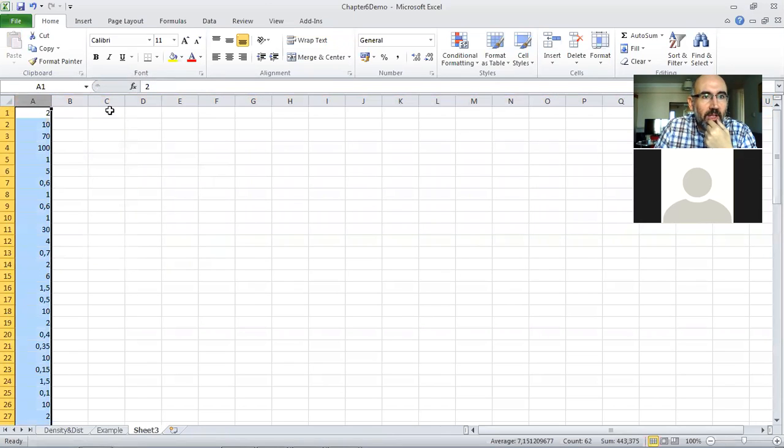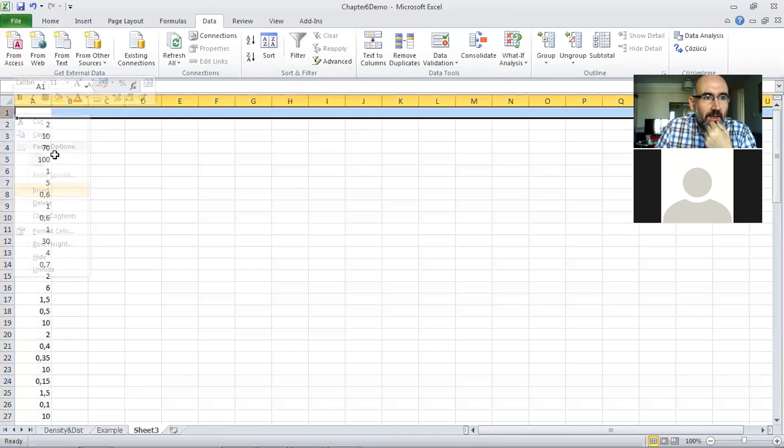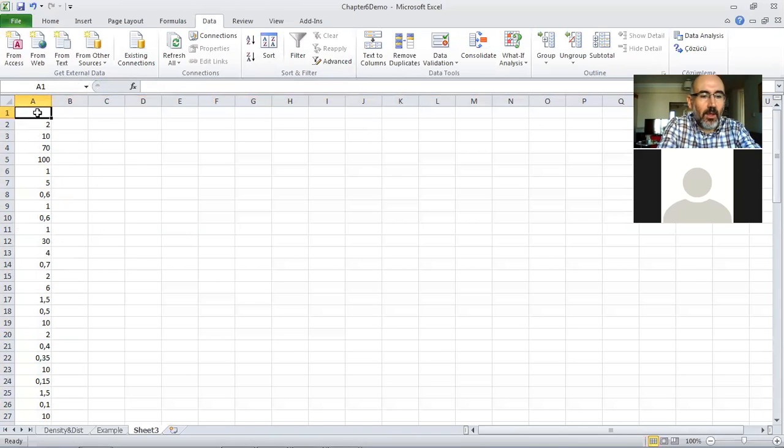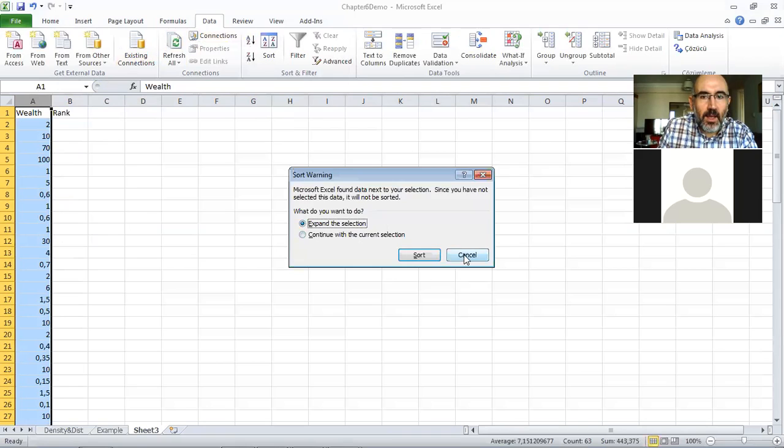So the first thing we need to do is rank these numbers. I need to create a rank from that, but before that I need to sort it.